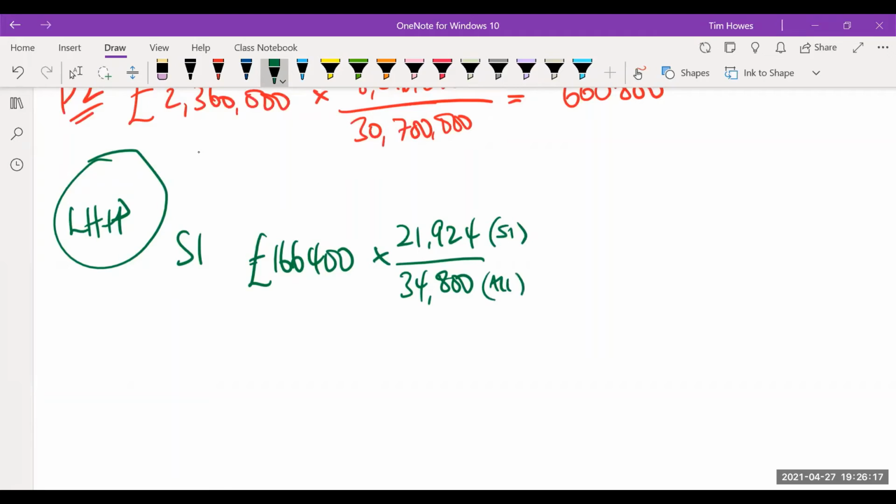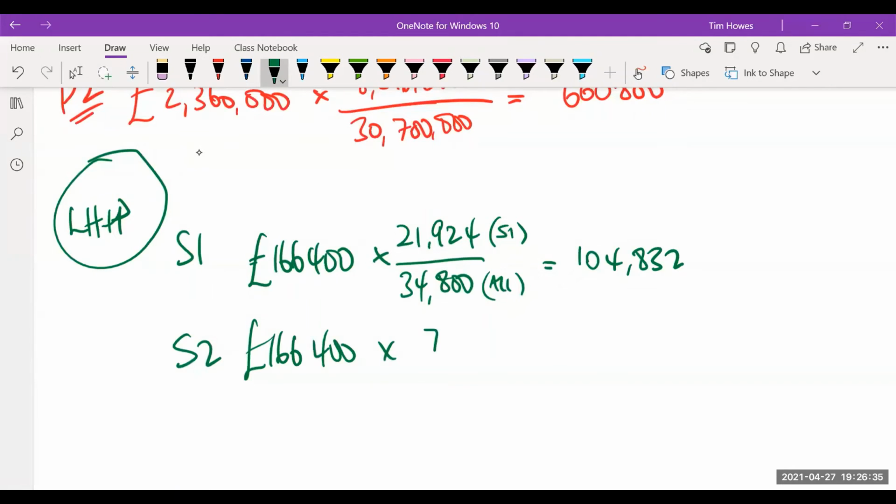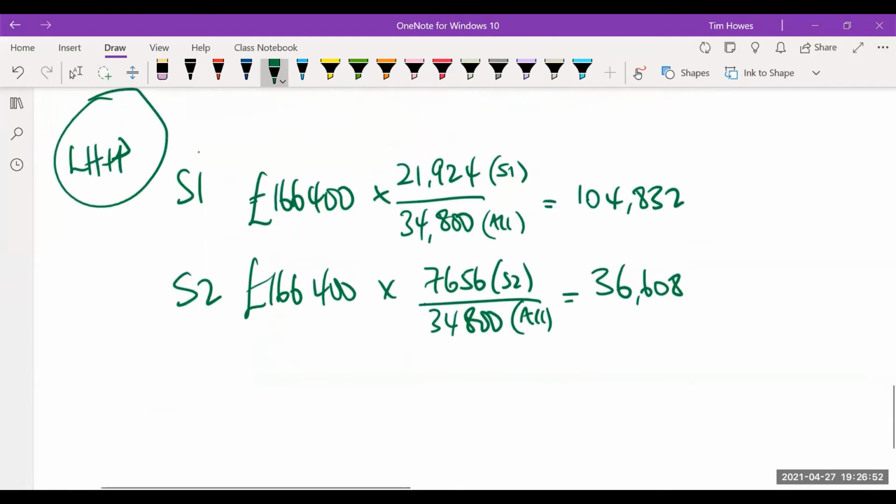It's that proportion. Okay, which I think is, looking at the numbers on the screen, I will of course only write them in if they are right. 104,832, I like that. S2 is going to get their proportion, which is 7,656 square meters in S2. That proportion of the total space that's occupied comes out to be 36,608, absolutely correct.